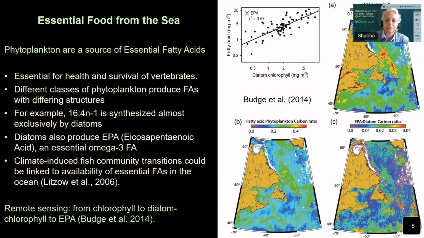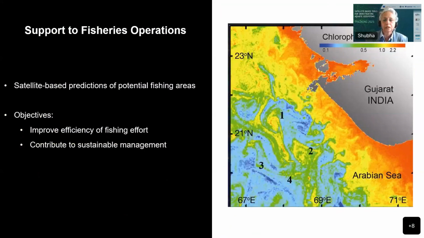In the work that I am referring to, we went from chlorophyll and diatoms to a relationship between diatoms and the fatty acid EPA to map the EPA in these regions. The interest was to see if the EPA production by phytoplankton is sufficient to meet the increasing demands for EPA from the oceans.